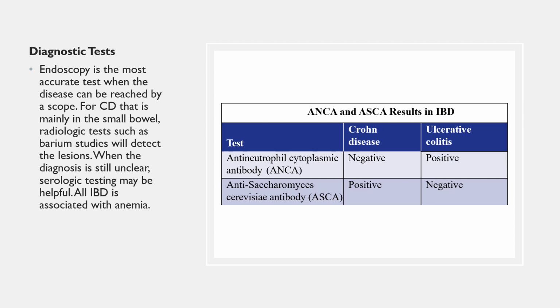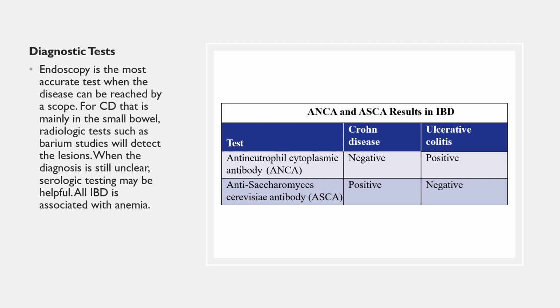We need to know that endoscopy is the most accurate test, except when the disease cannot be reached by a scope. For CD, that is mainly in the small bowel. Also, radiological tests such as barium studies will detect the lesions. When the diagnosis is still unclear, serological testing may be helpful. All IBDs are associated with anemia.